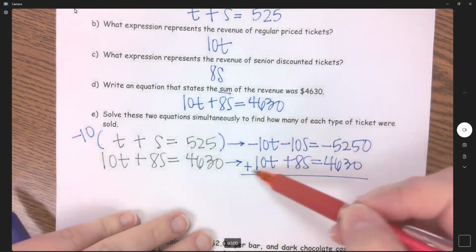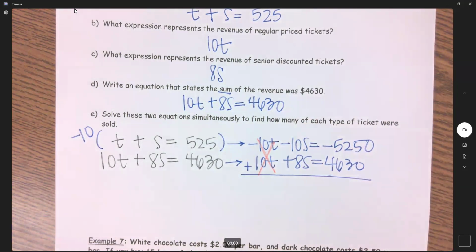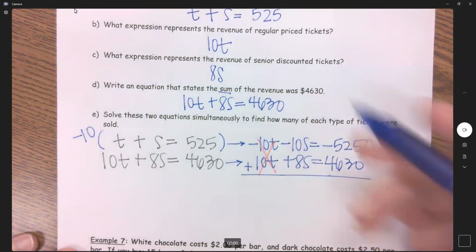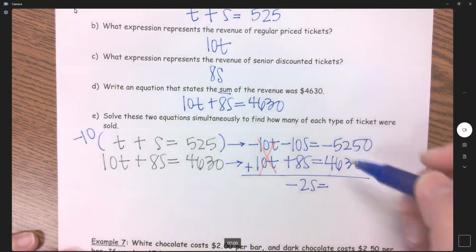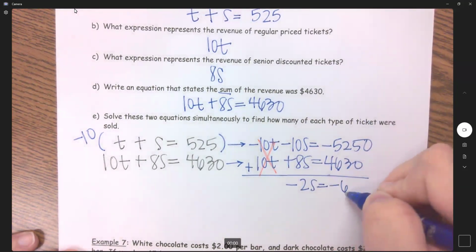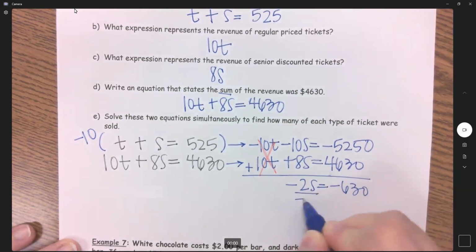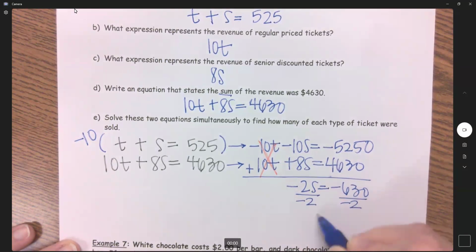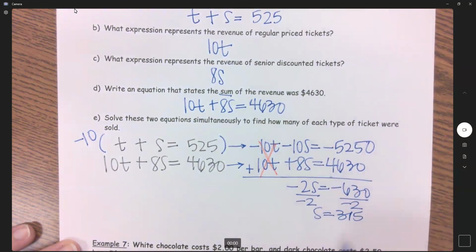So negative 10 plus 10 zeros out, so those eliminate. Negative 10 plus 8 is negative 2S. And when we add these together here, we get negative 630. Divide by negative 2, and we get S equals 315.